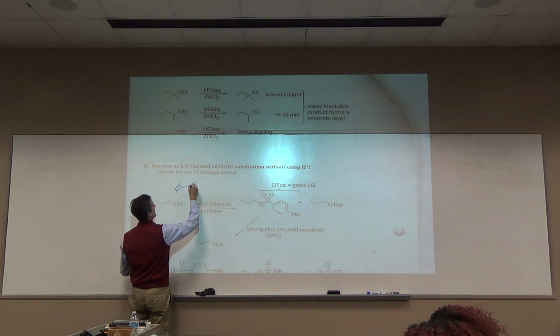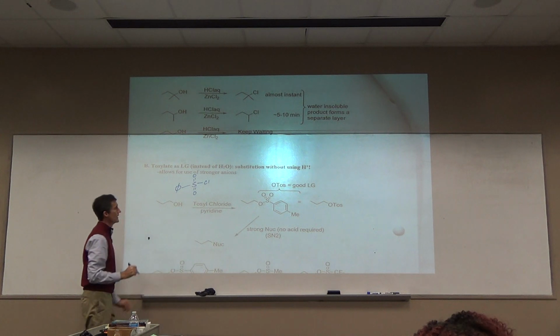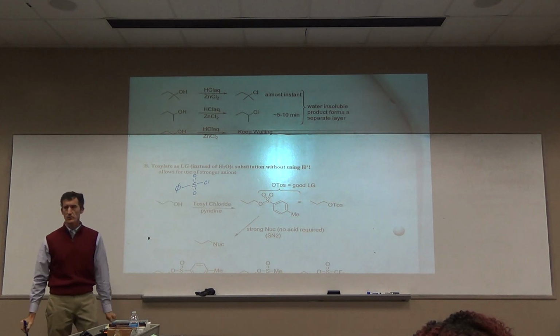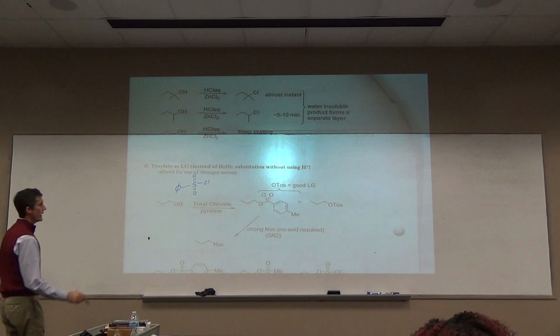And we have SO2 chlorine. This is just a generic for an aromatic ring, okay? I don't want to use all the ink up drawing the big aromatic ring. All right.